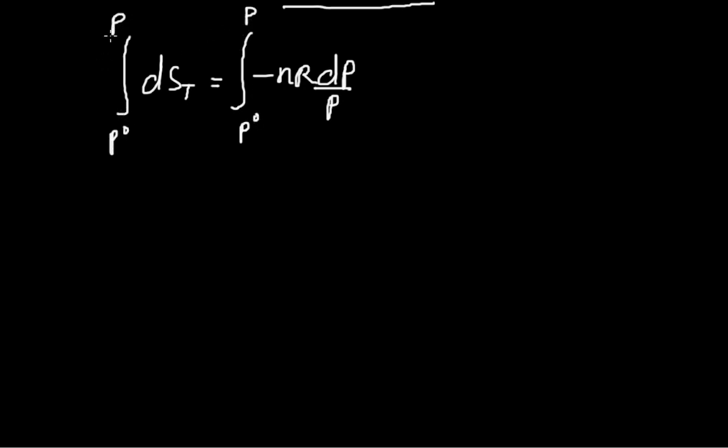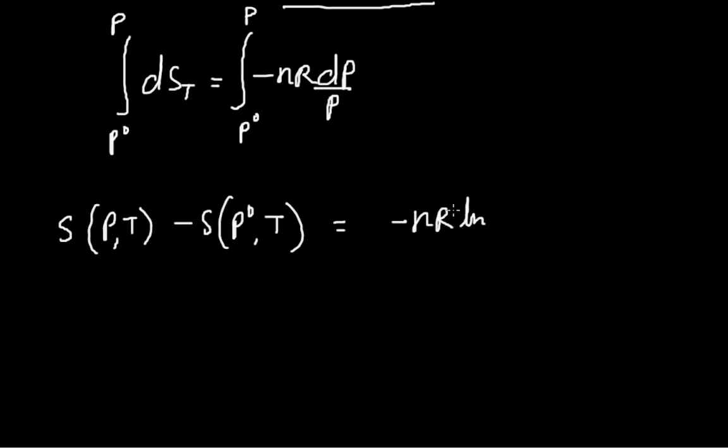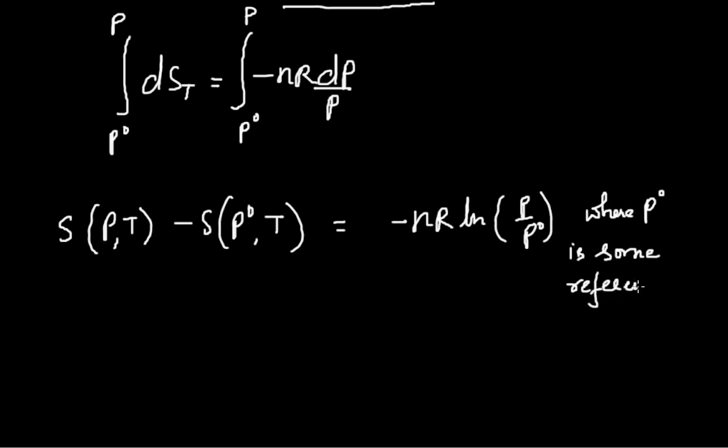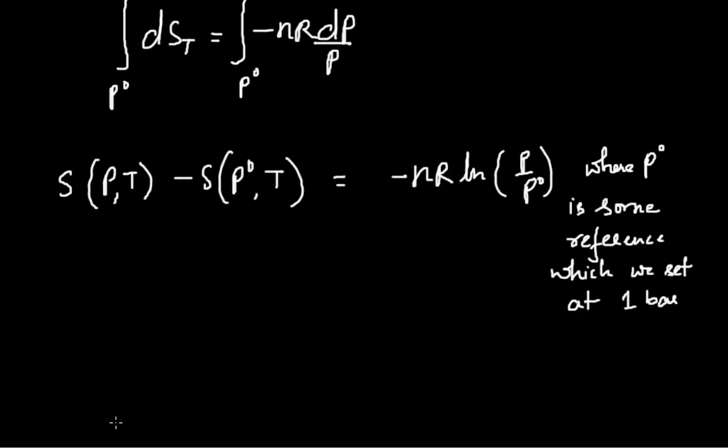So you will get S at pressure P and constant temperature T, minus S at pressure P naught and temperature T, is equal to minus nR ln P by P naught, where P naught is some reference pressure which we set at 1 bar.